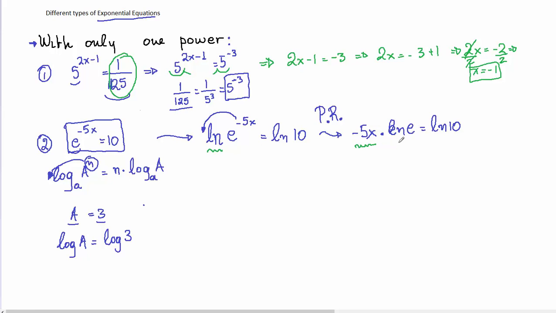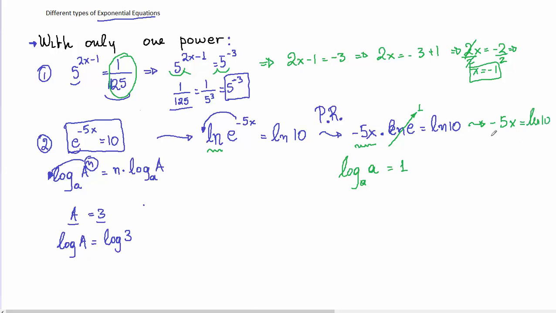And since the base and the argument of the logarithm are the same, I know using the following rule of logarithms that this is equal to 1. So what do I have now? Negative 5x times 1, that is negative 5x, is equal to ln of 10.